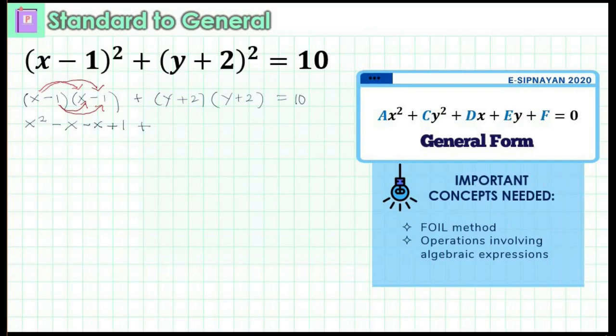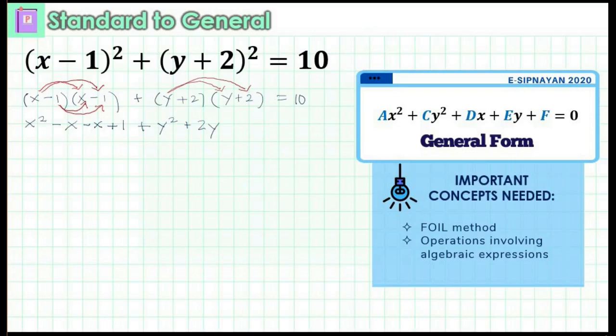Let's now proceed to quantity y plus 2 squared. So same procedure, copy the operation, addition. y times y is simply y squared. Then multiply y with positive 2. So y times 2 is equal to positive 2y.